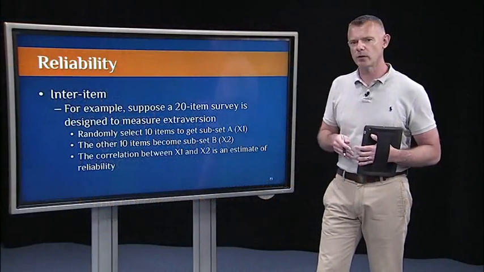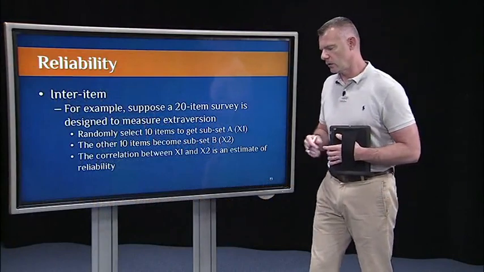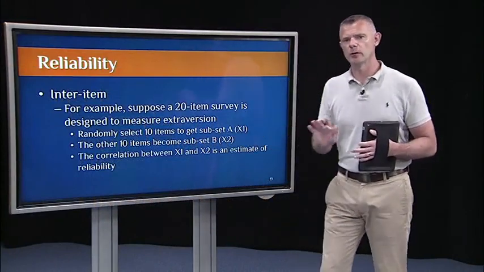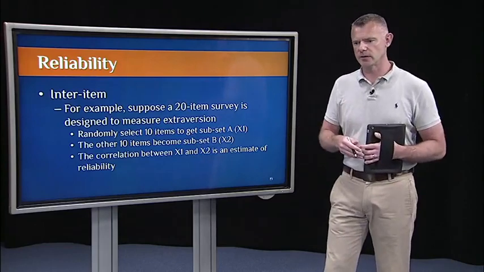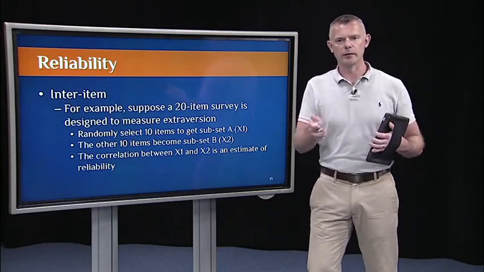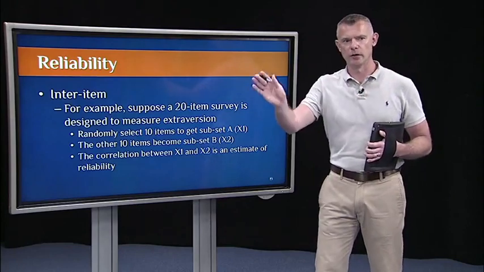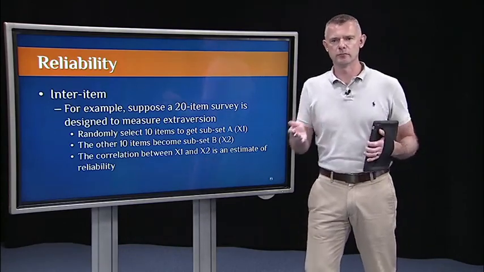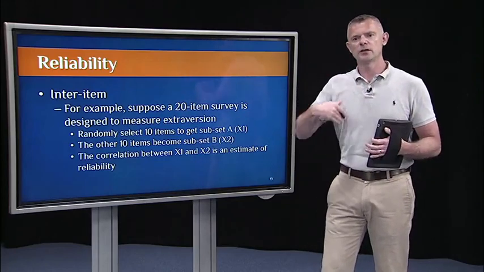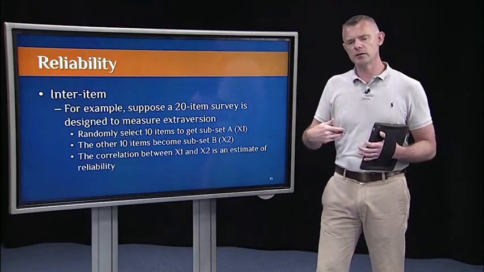If you remember back to the correlational studies lecture where we talked about personality, there was one question that got at extraversion that said, "I'm the life of the party," strongly disagree, strongly agree. And then there was another one that said, "I don't mind being the center of attention," strongly disagree, strongly agree. There are several like that built into the survey.